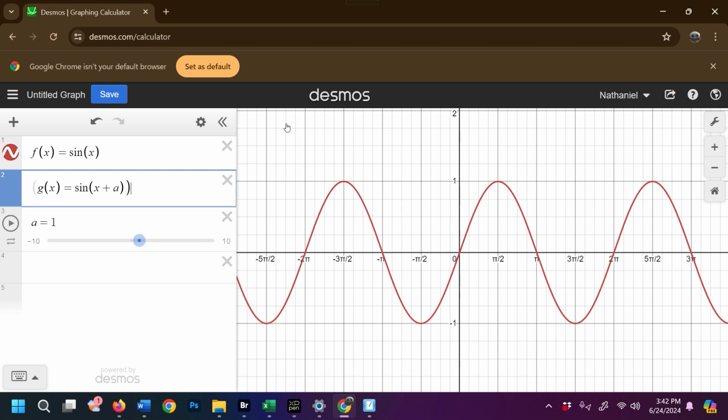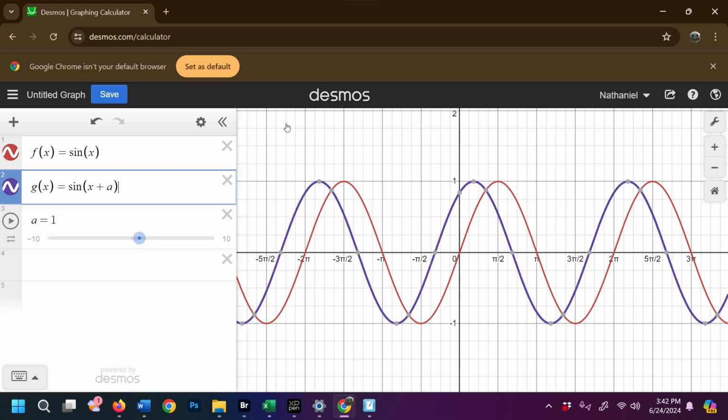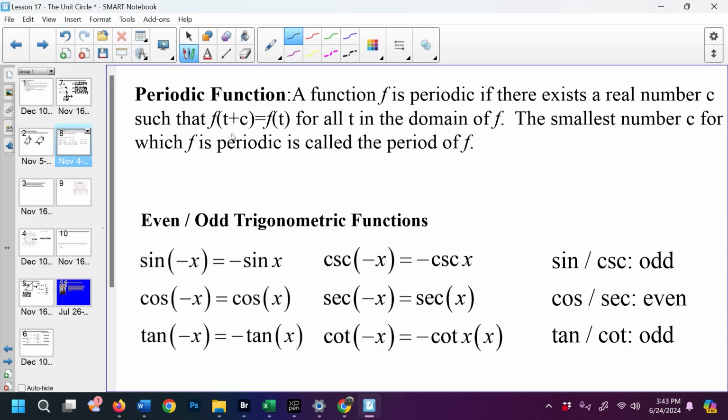We'll put a parenthesis around there. And you can see when a is 1, I have this repeat. So I need to find a value for a that makes these two functions line up. That's all that this says. I need a value for c that makes these two functions equal to each other.